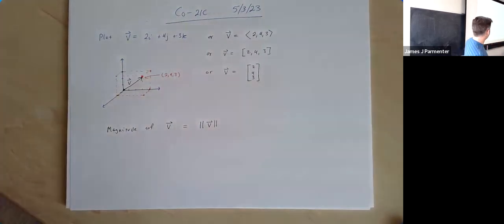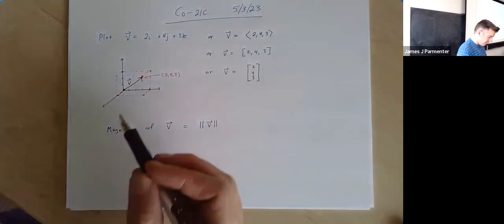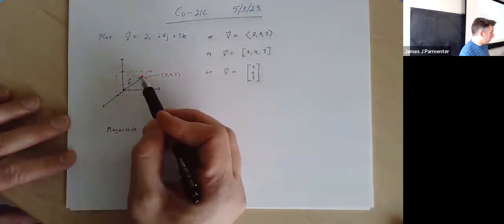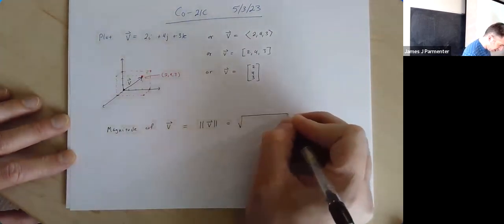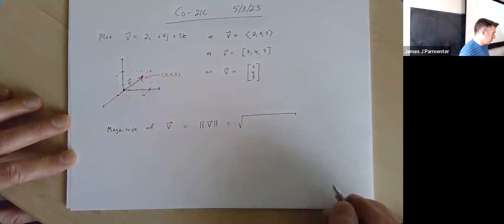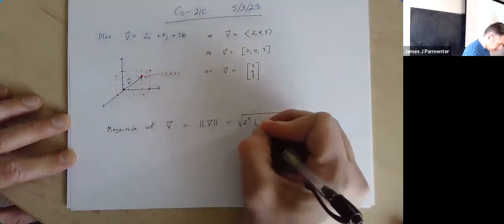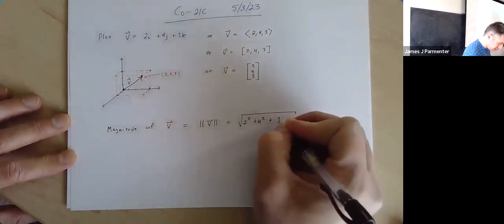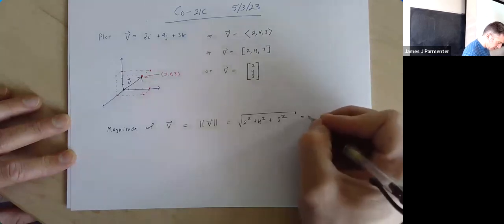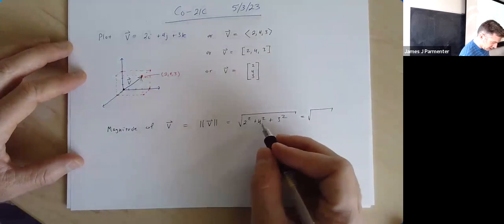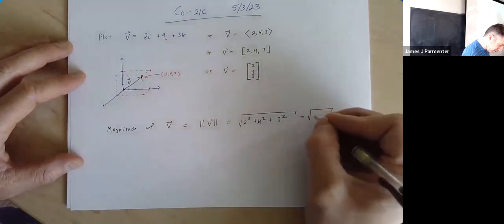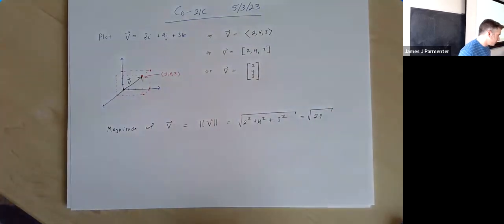We calculate the magnitude as the distance from the origin to where it ends. So it's the square root of each component squared and added together. It's going to be the square root of 2 squared plus 4 squared plus 3 squared, which is 4 plus 16 is 20, plus 3 is 29. So the square root of 29. Magnitude is just another word for length.